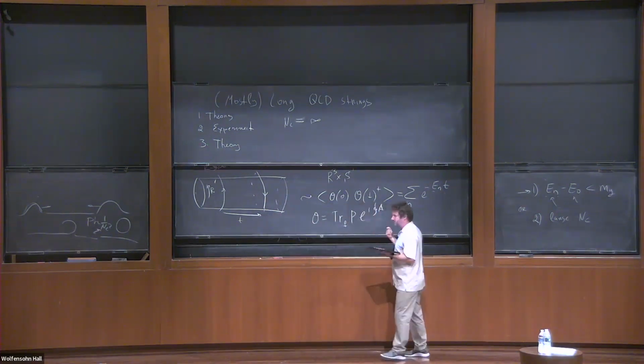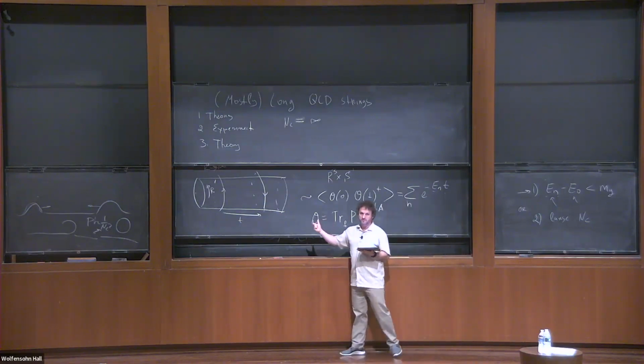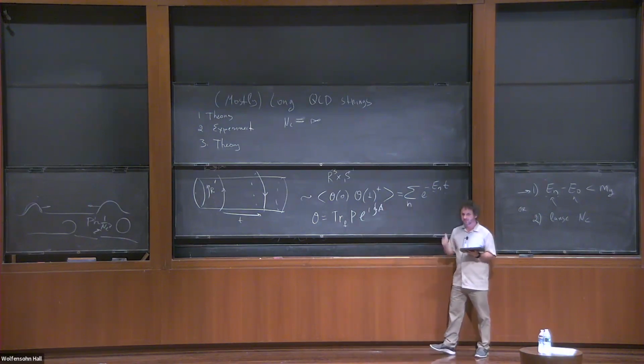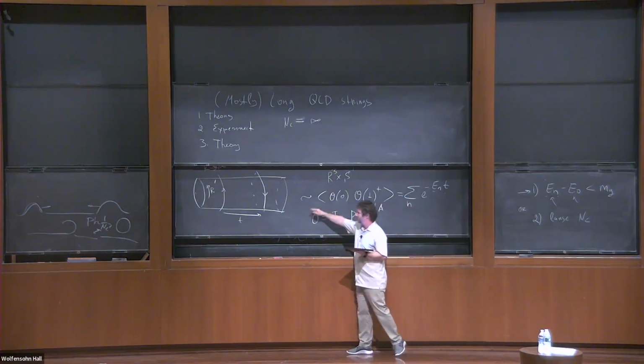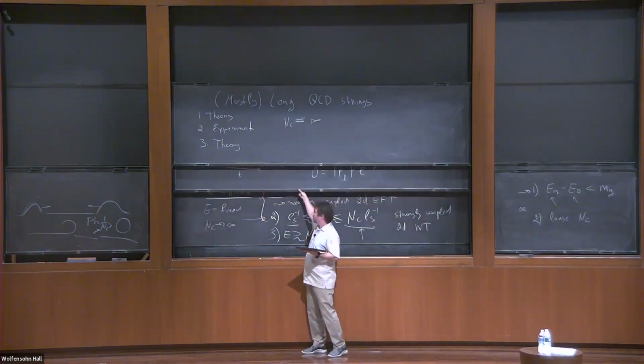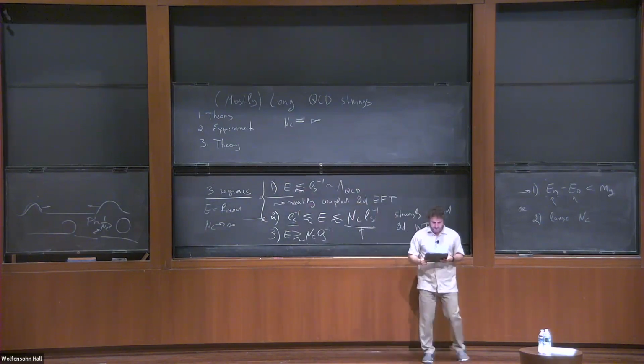Actually, it turns out to be the most efficient way to obtain predictions: first calculating the scattering and then going from the S matrix to the finite volume spectrum. But for now, we can forget about the finite volume spectrum for some time.